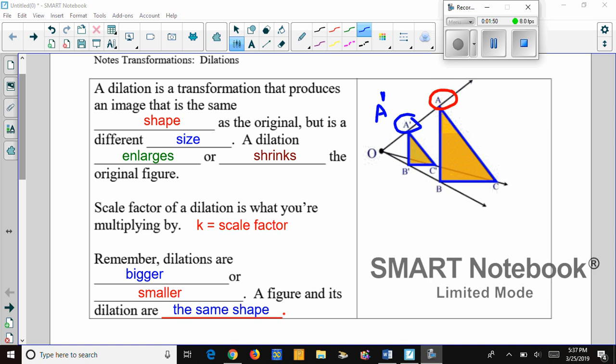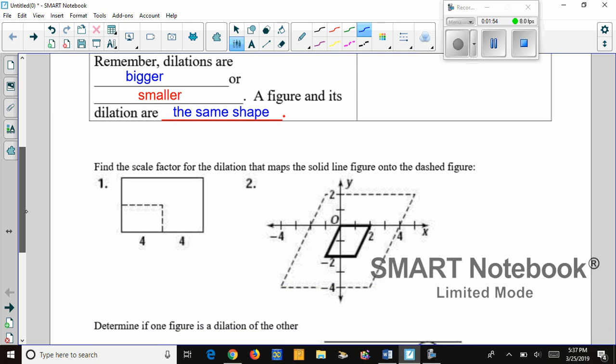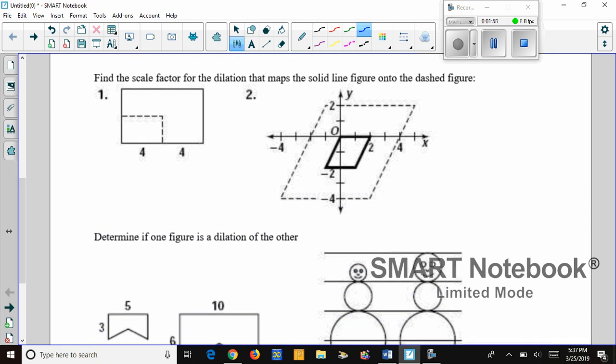Now let's explore what makes a dilation versus it being a totally different picture. It says find the scale factor for the dilation that maps the solid line figure onto the dashed figure.